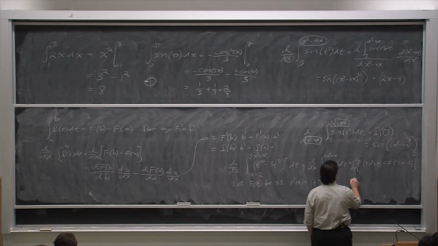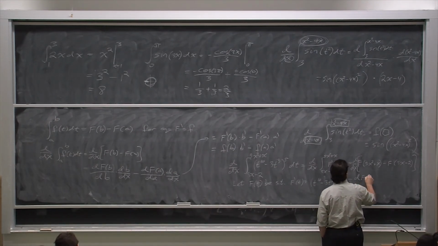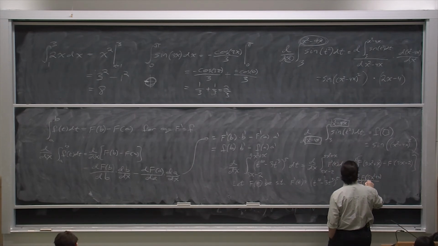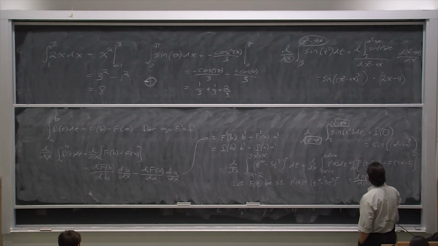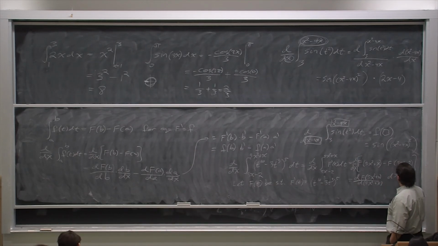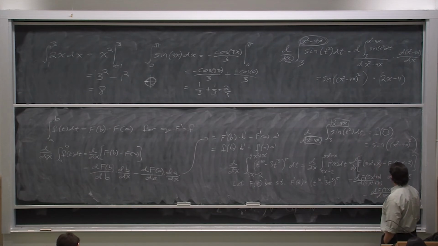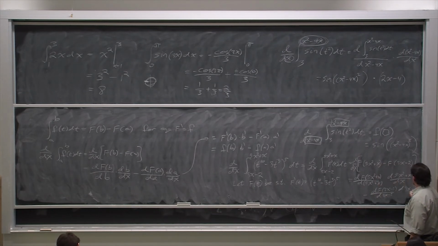So this over here is going to be the derivative of big F at 5x squared plus x with respect to 5x squared plus x times the derivative of 5x squared plus x with respect to x minus the derivative of big F at 3x minus 2 with respect to 3x minus 2 times its derivative with respect to x.